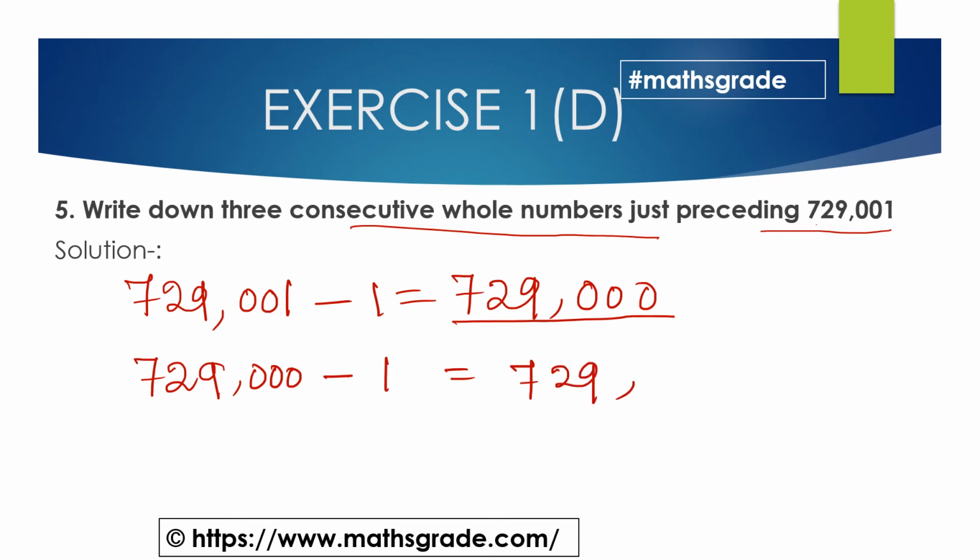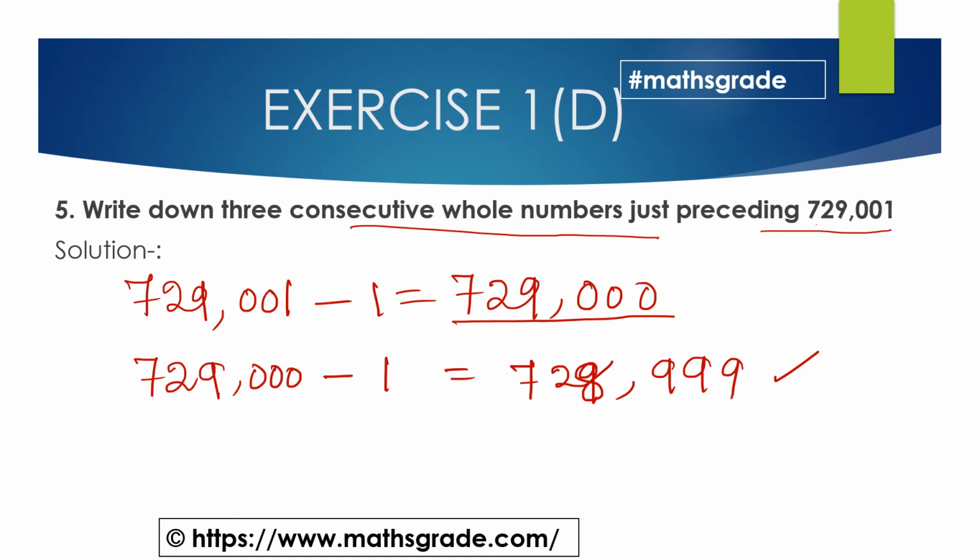729,000 minus 1 will be 728,999, as 10 minus 1 is 9, and 9 and 9 here; 1 digit goes to this place, so it will be 9 minus 1, that is 8. 728,999 is the preceding number of 729,000.